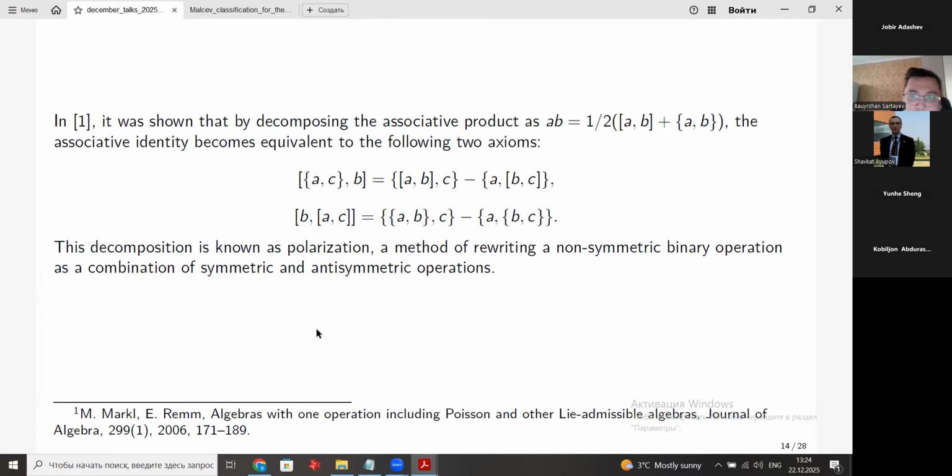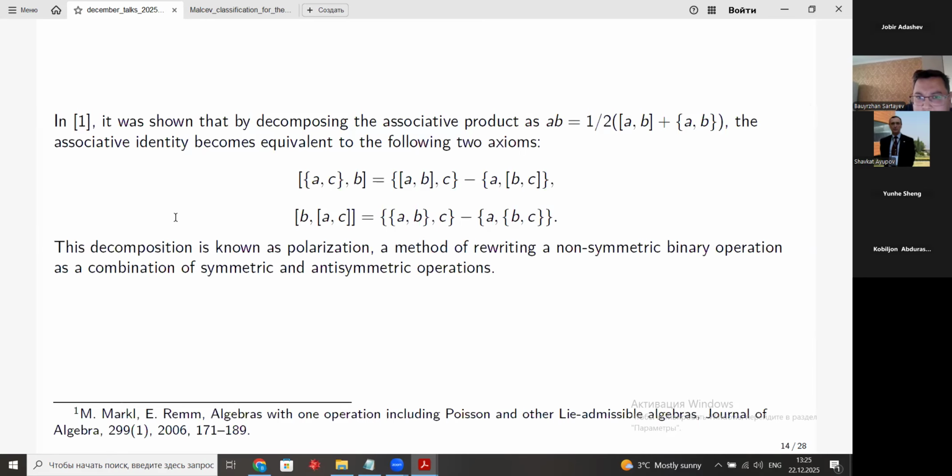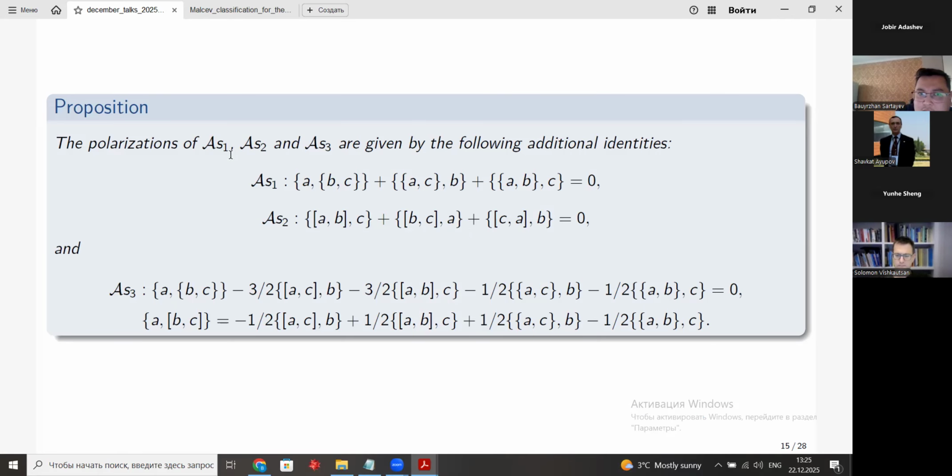And now the next question: what will be the polarization of the first type associative algebra, second and third type? The polarization of S1, S2, and S3 are given by the following additional identities. Of course, S1, S2, S3 are firstly associative algebras, so these two identities also participate in their polarization. If we calculate the polarization of S1, S2, S3, what additional axioms do we obtain?